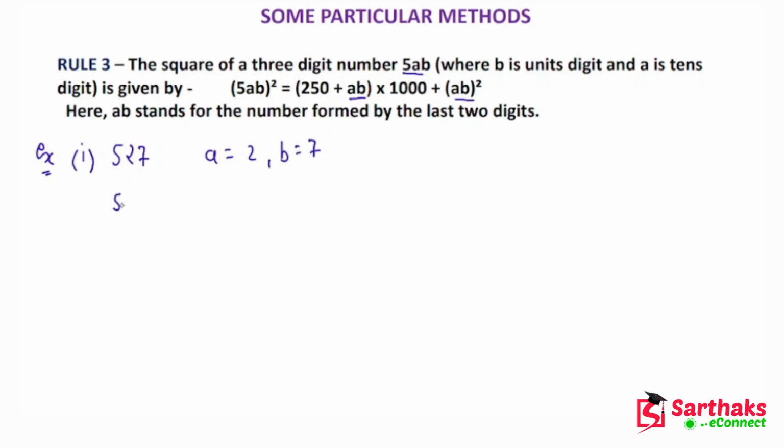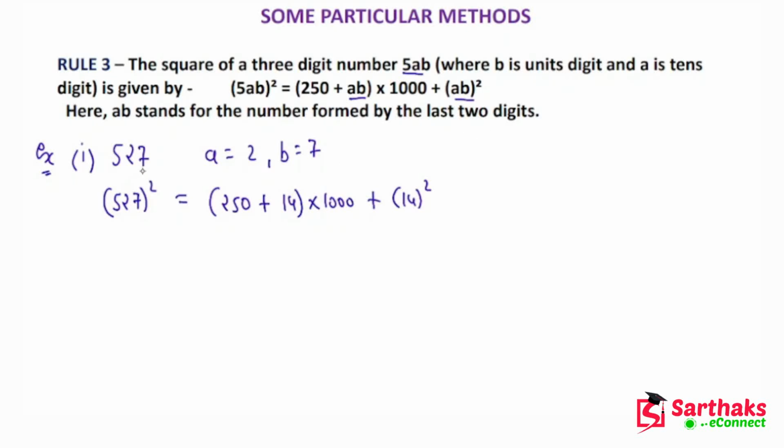According to this method, 527 square will turn out to be 250 plus AB, that is 14 into 1000, then AB square, that is 14 square. If you are thinking that it is A into B, then it is wrong. That is the biggest mistake you will commit while doing this method.